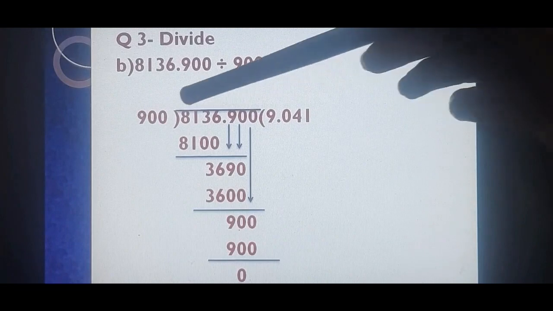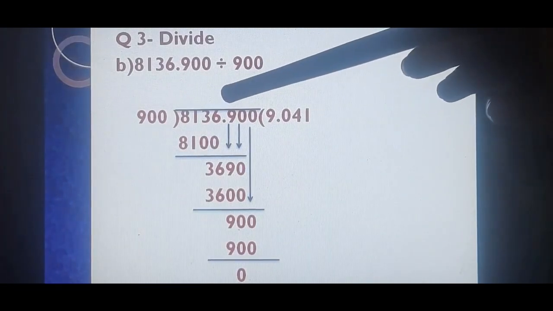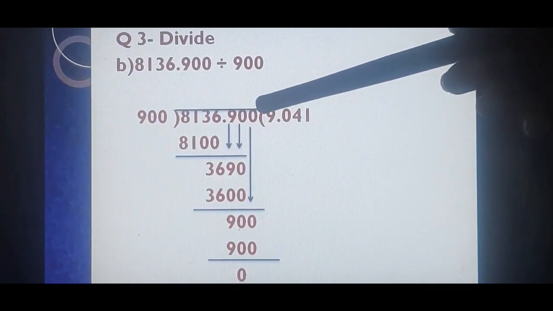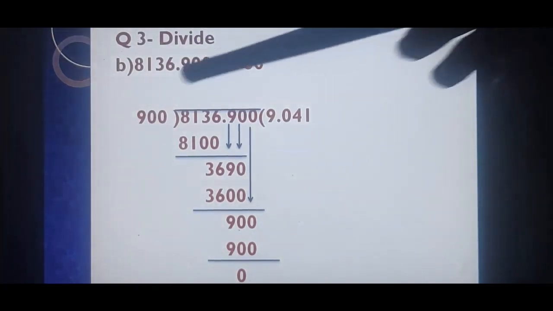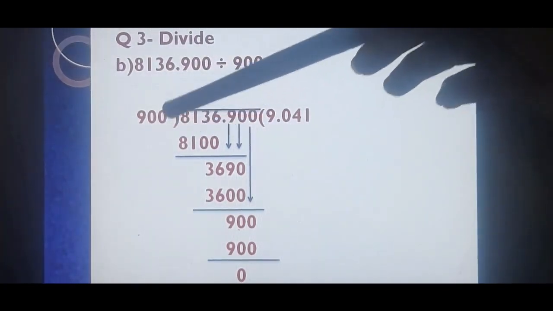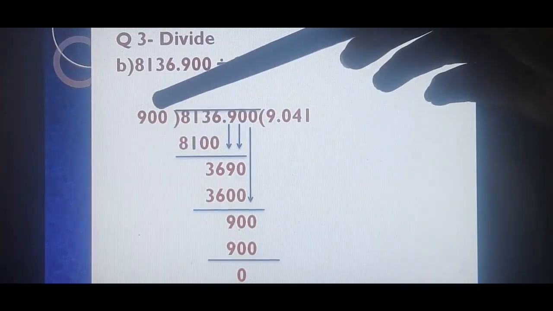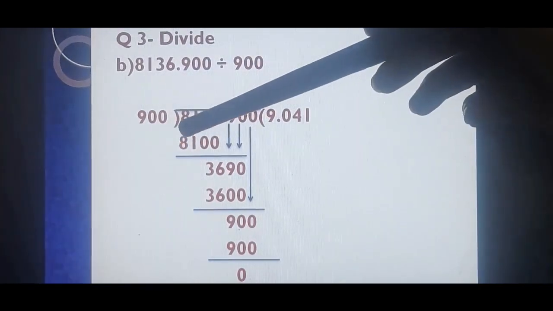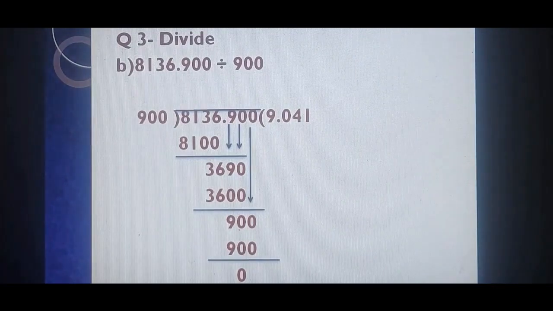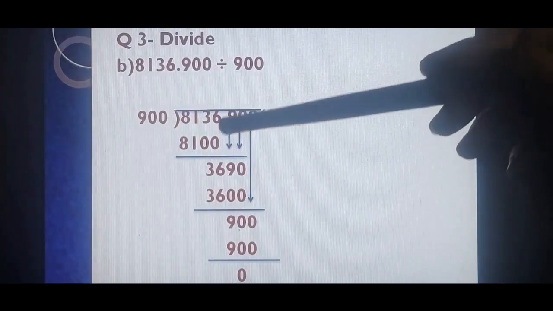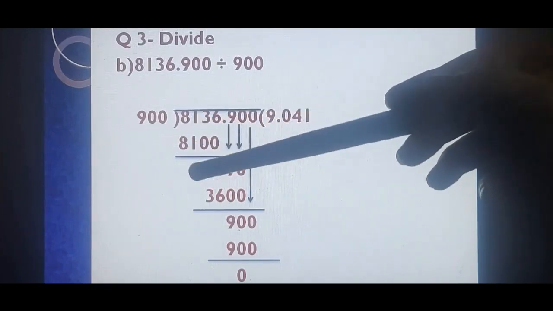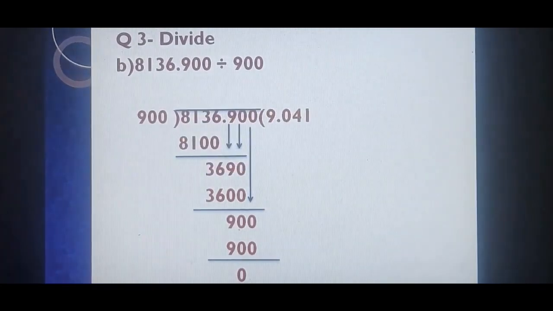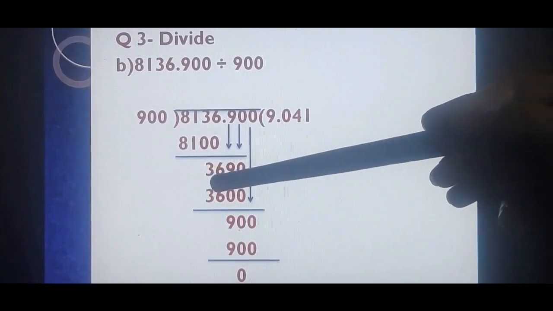Write down the dividend. 8136.900 divided by 900. 9 nines are 81. 81 is there. So we will take 900 nines are 8100. Right? Now 6 minus 0, 6. 3 minus 0, 3. 1 minus 1, 0. 8 minus 8, 0. 36 is there.